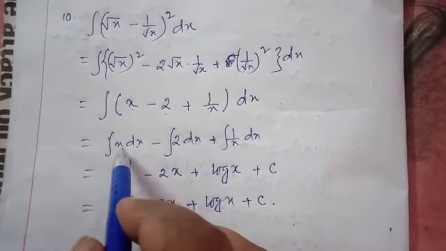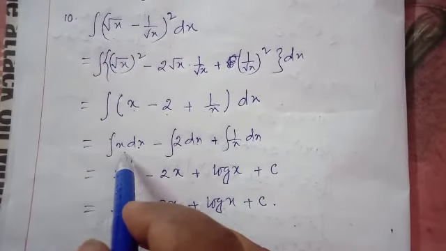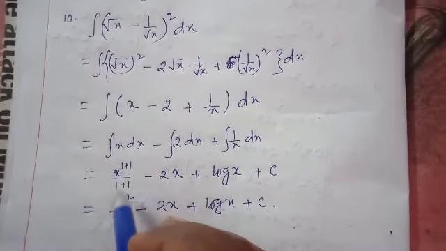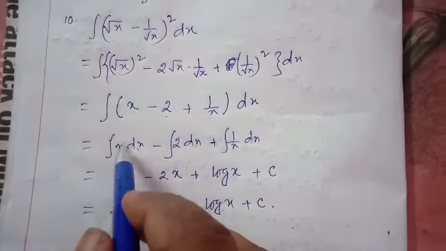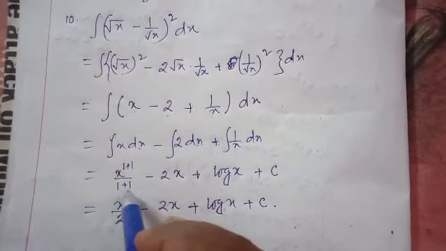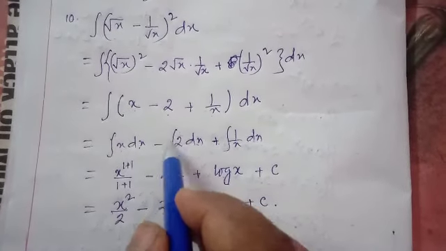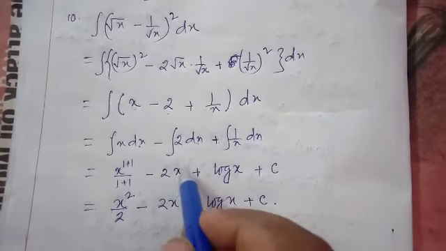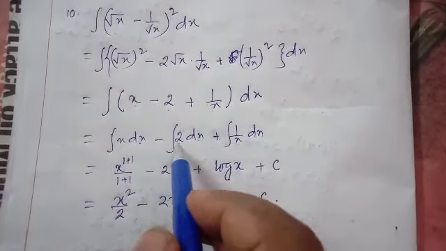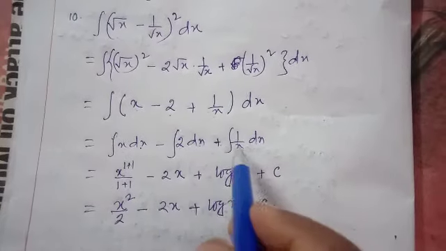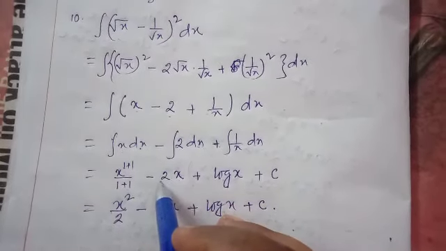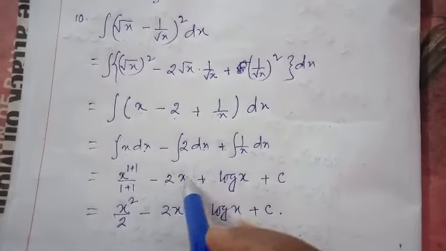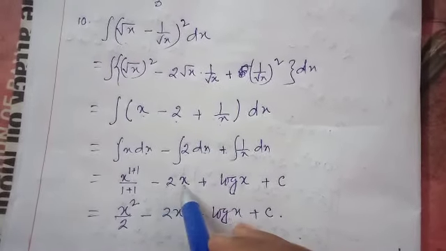So x, here we use that formula, integration of x to the power n dx, its formula was x to the power n plus 1 by n plus 1, here n equals to 1, so 1 plus 1 by 1 plus 1. And any constant term, its integration always that constant term into the variable, that means x here variable. So 2 into x, its integration, you can take also common 2, then only remaining term is integration dx. So dx integration is x, so that means 2 into x.